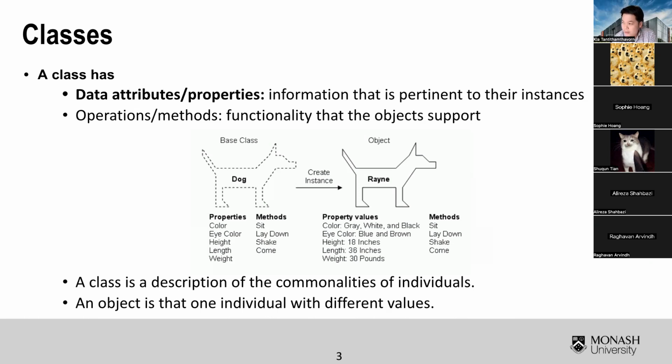Yes, if we want to implement, I think it depends. Class is how we implement the object-oriented program, right? But in the database, it depends, I think, but it is kind of similar. You can match.